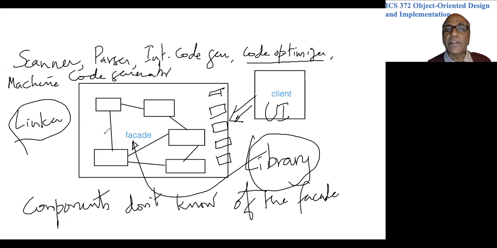In a mediator, the colleagues know about the mediator, whereas in the facade, the individual components are unaware of any such entity. So the facade is kind of an outer layer that works with all these individual components and then provides more functionality.